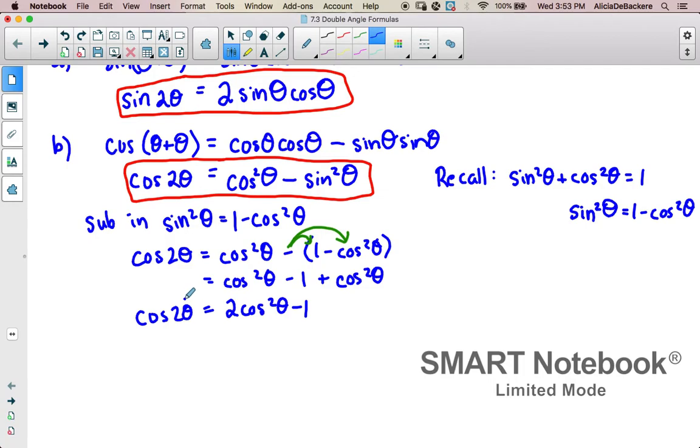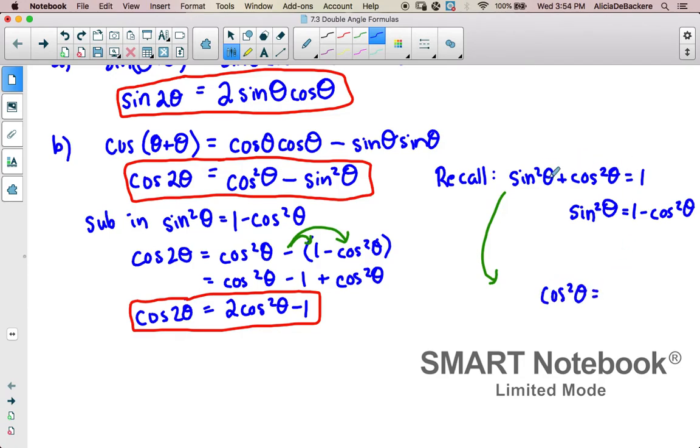I use this version when I want to end up with just cos thetas. So I want to get rid of the double angle, but I want to just have cos thetas and no sine thetas. But similarly, maybe I only want sine thetas. In that case, I'm going to use that same Pythagorean identity from grade 11, but this time I'm going to rearrange it so it looks like cos squared equals.